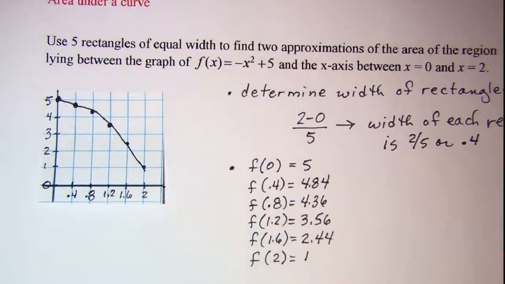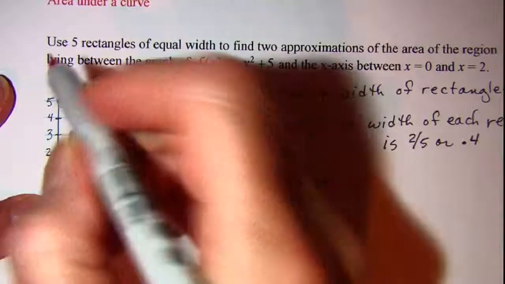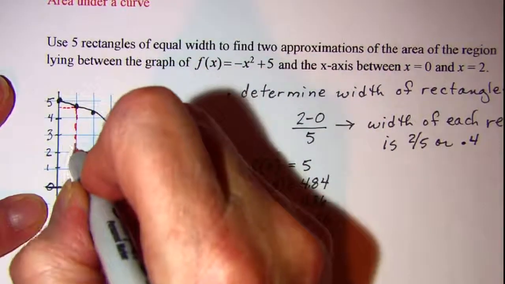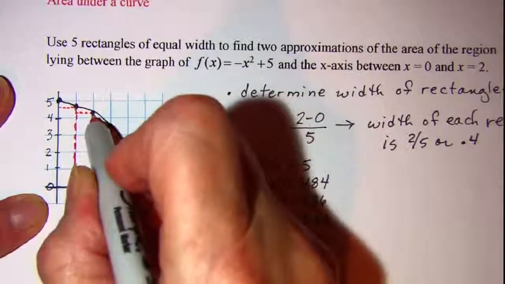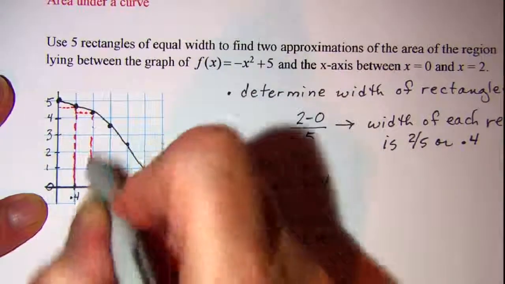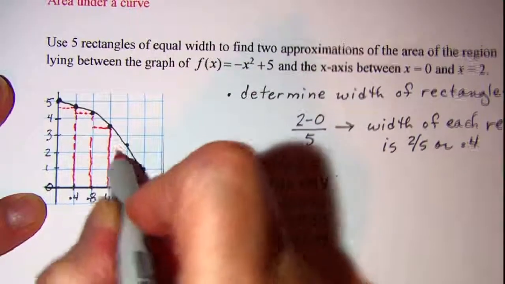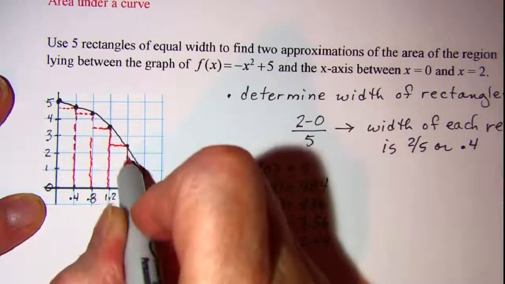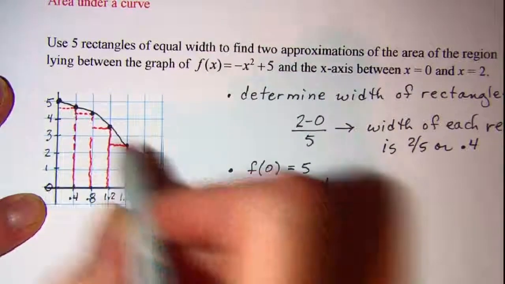Now the problem wants 2 approximations. So one approximation is going to come from the lower rectangles, for each of those numbers.